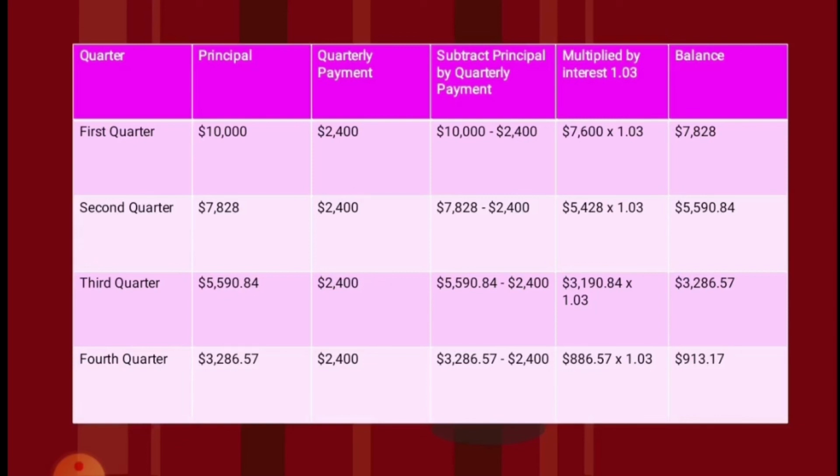So $913.17 is the balance after Mr. Gary had paid for the 12 months of payment. So that will be the 13th payment that Mr. Gary has to pay also.